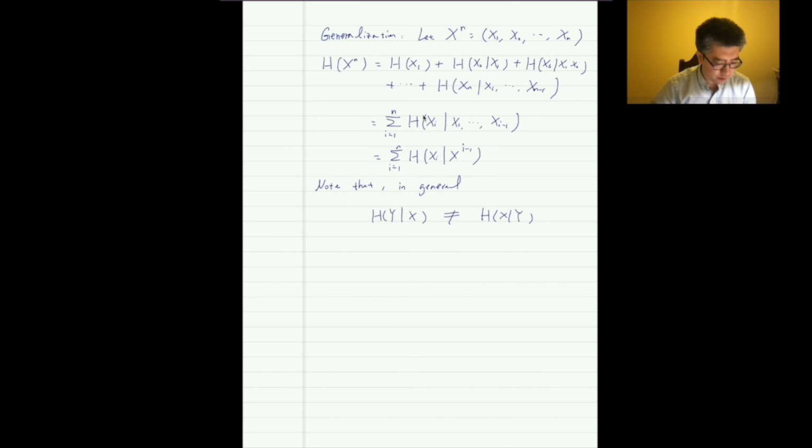Just be careful. But the other thing may be true. How about I give you another two quantities: H(Y) minus H(Y given X), and H(X) minus H(X given Y). How about these two quantities? It's also kind of symmetric. Yeah, maybe.